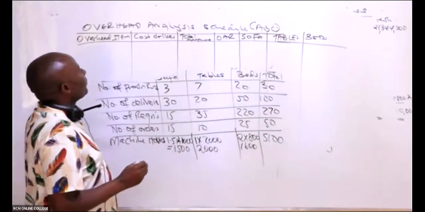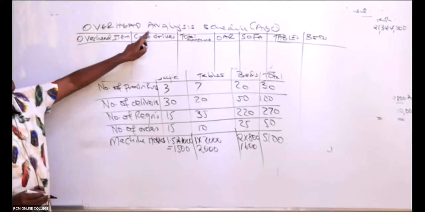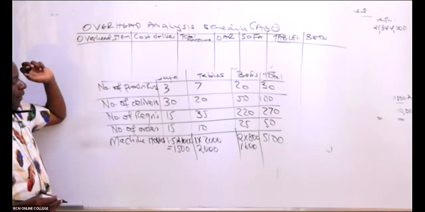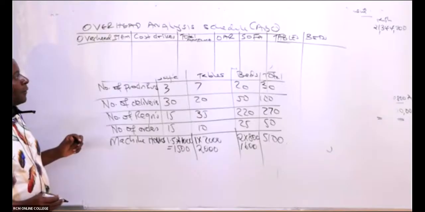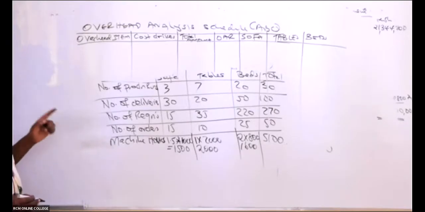To connect the overhead item and the products, it will be very important for you to have cost drivers: total amount, overhead absorption rate, then tables, beds.